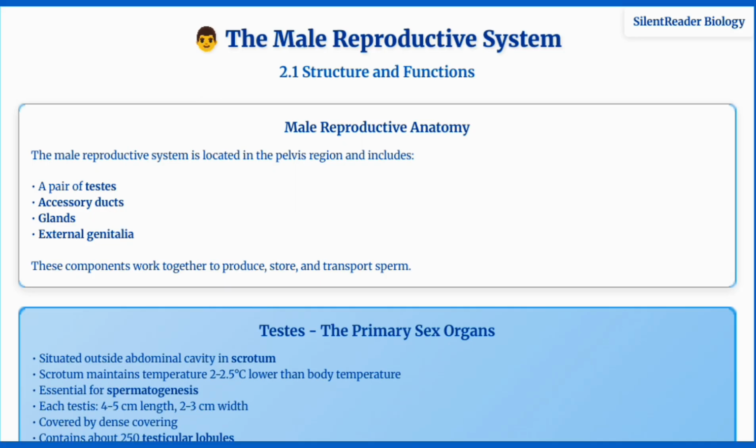The seminiferous tubules contain two main cell types. Male germ cells are spermatogonia that undergo meiotic divisions to form sperm, and Sertoli cells that provide essential nutrition to the developing germ cells. Outside the tubules in the interstitial spaces, we find Leydig cells that synthesize and secrete testosterone and other androgens.